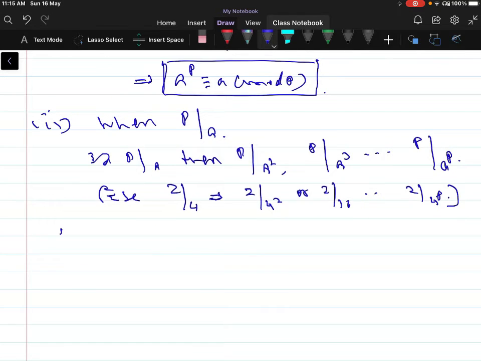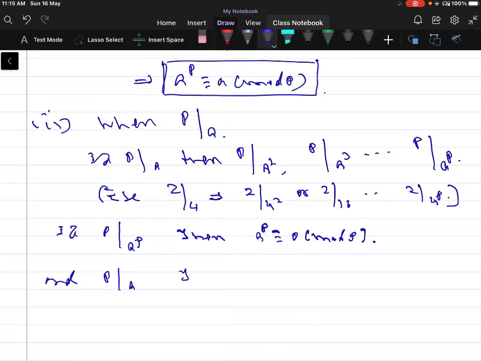Suppose p divides a to the power p, then a to the power p is congruent to 0 modulo p, and if p divides a, then a is congruent to 0 modulo p.